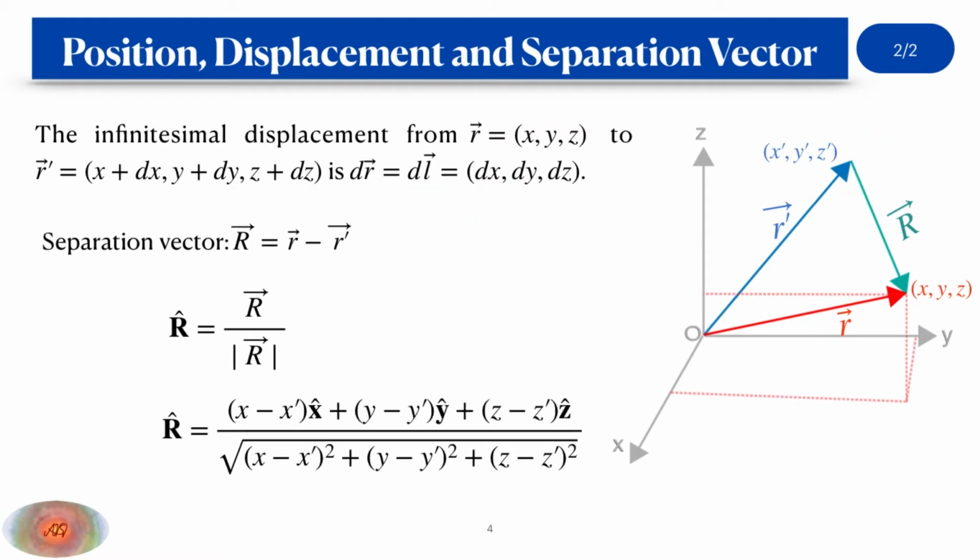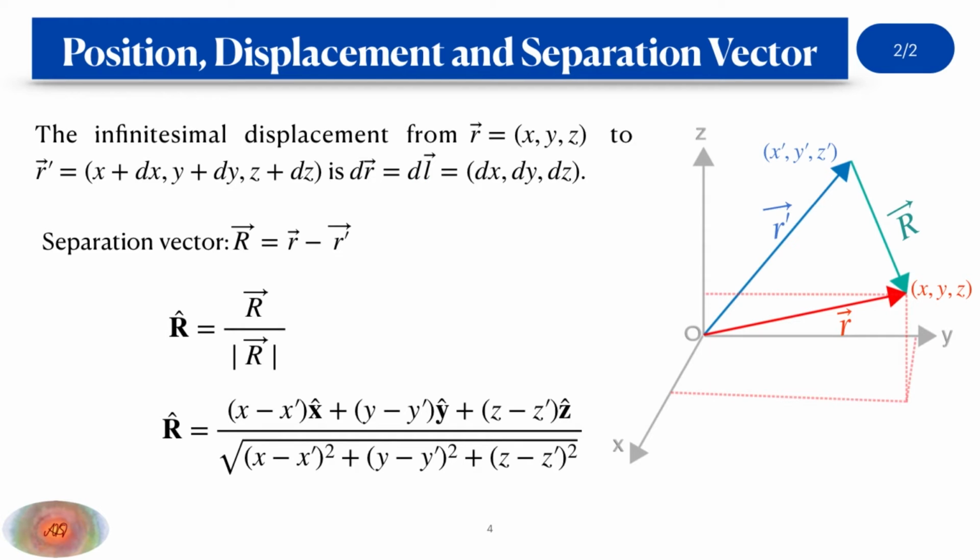However, the separation vector that I have discussed, that is capital R over here, equals r minus r dash. In the previous case where I represented the infinitesimal distance dl, that is also a separation vector that can be represented as dr, but here instead of dr, I have represented the infinitesimal separation vector as dl.